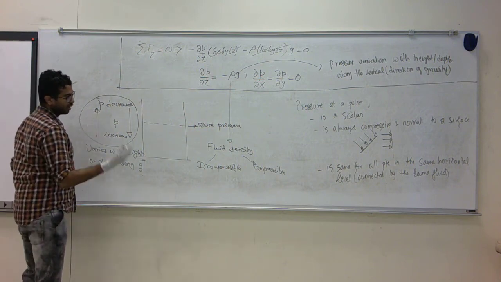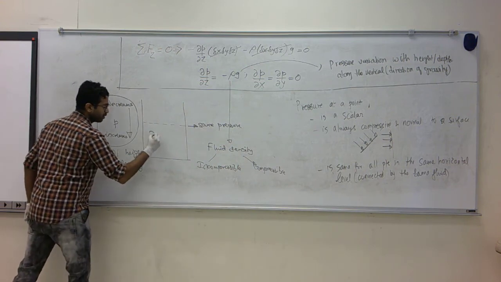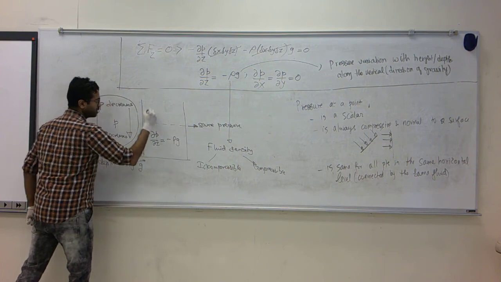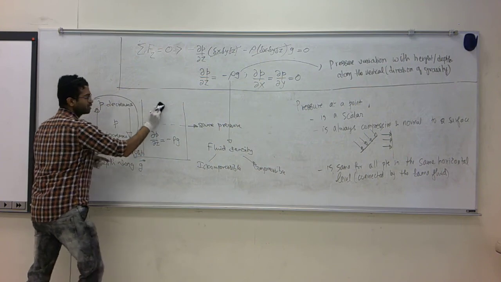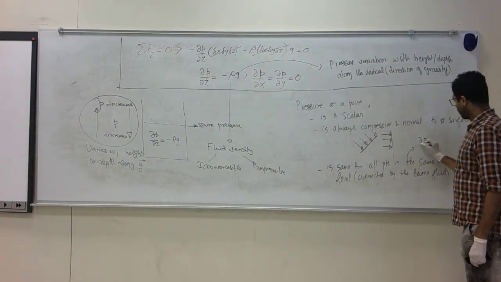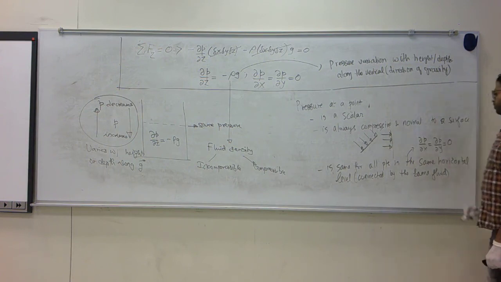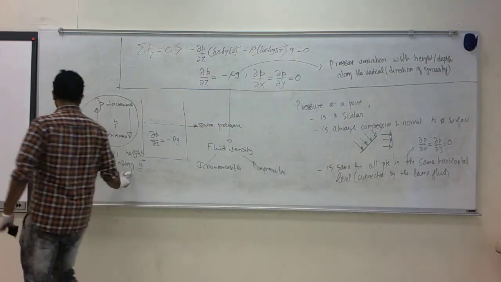The most important equation that we will use in this context is that the variation of pressure with height is minus rho g, and the variation of pressure along the surface, we don't have to state it here, I guess. Just write it here. Okay. So this is going to be something that we will discuss in the next part. Okay. Pressure is going to vary along with height or depth.